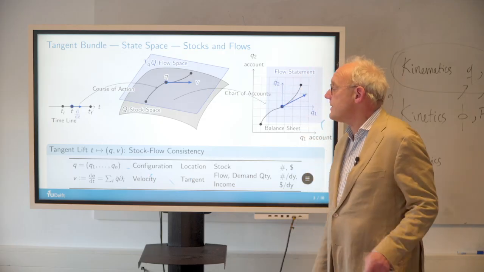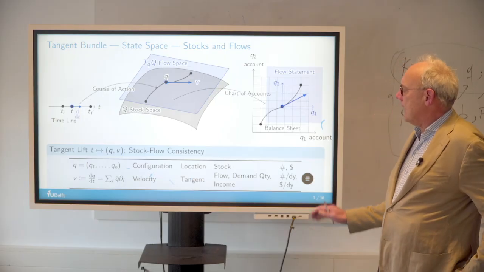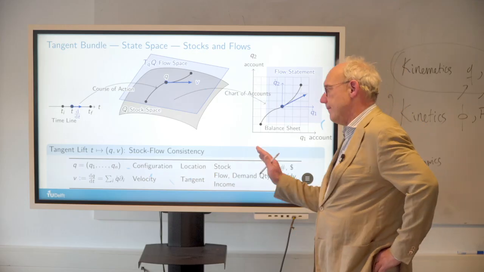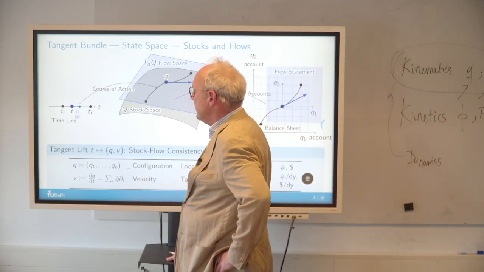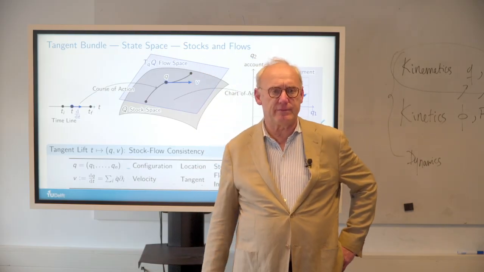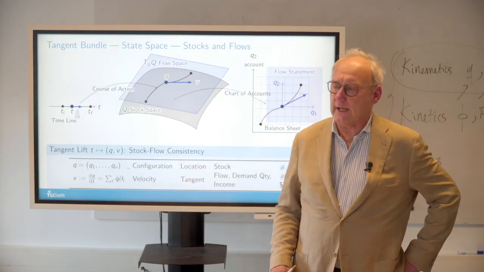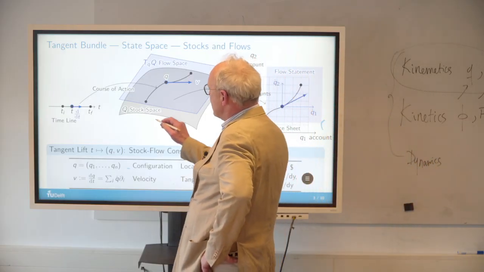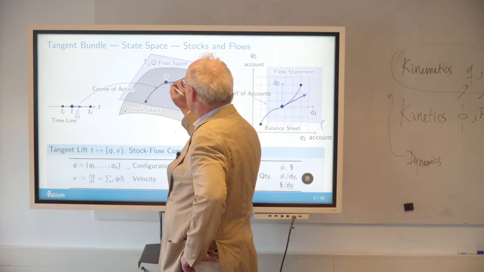Now, the first thing that's important, and I made a bigger deal out of this than I did last time: there's something called the tangent lift of a curve. This is differential geometry language. We all know that a course of action, you start here, then you buy this, you buy that, you end up here.